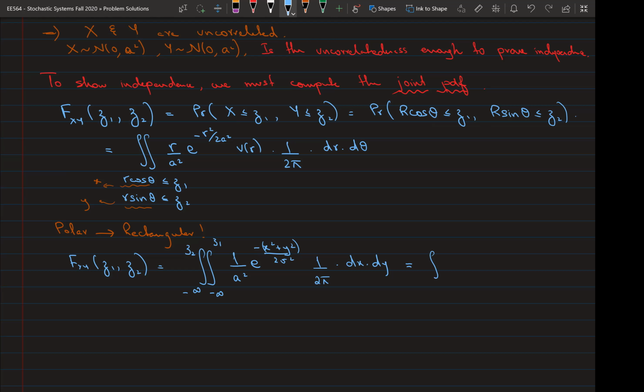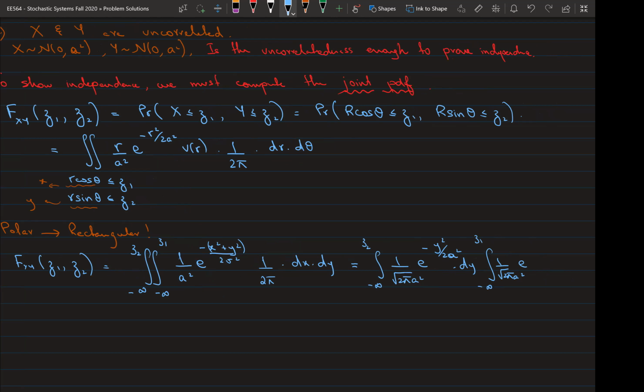So this is the integral from minus infinity to Z2 of 1 upon root 2 pi a squared e raised to the power minus y squared by 2a squared times dy, and times the integral from minus infinity to Z1 of 1 upon root 2 pi a squared e raised to the power minus x squared by 2a squared times dx.